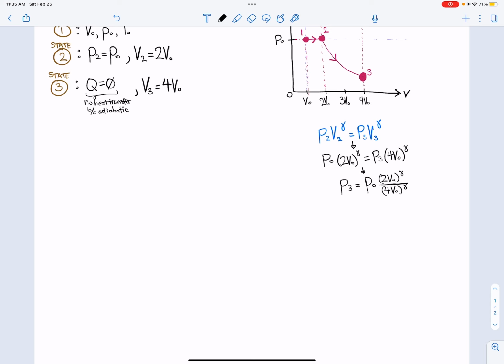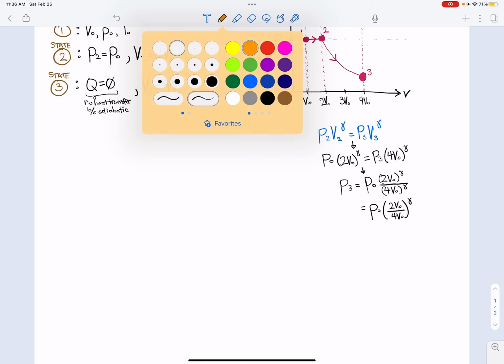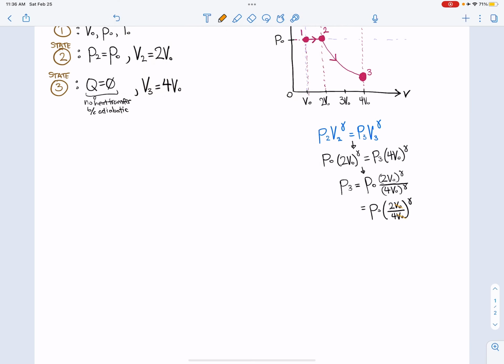And that I could just write as P naught times (2 V naught over 4 V naught) to the power of gamma, right? And then I could cancel stuff out, mainly my V naught, and the 2 becomes 1 and the 4 becomes 2.